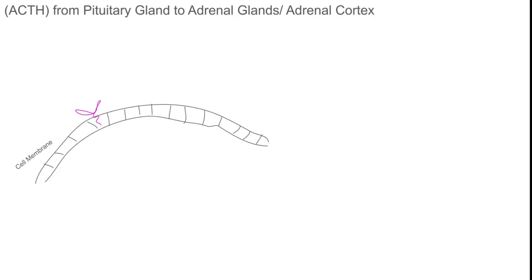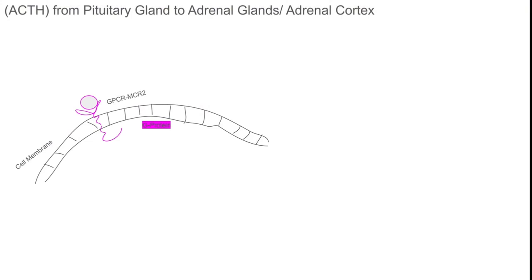So next, we're looking at how ACTH from the pituitary gland gets to the adrenal gland, the adrenal cortex. So here we see a G protein coupled receptor, specifically MC2R, which is meant for ACTH. And so ACTH comes and it binds to MC2R. This induces the change, triggering the G protein.